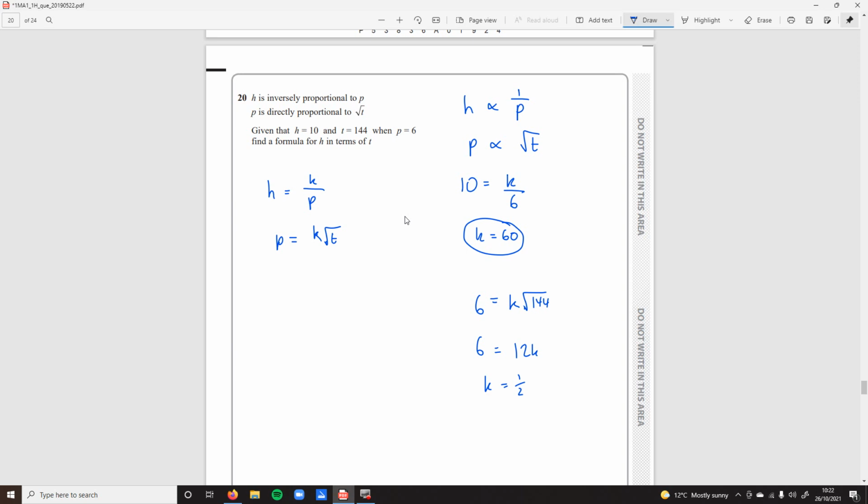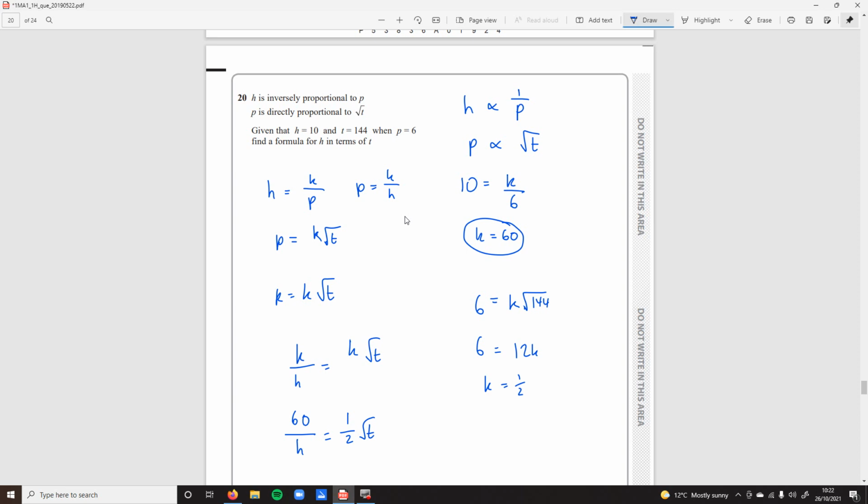I think what we're going to try and do, so P equals K over H, and P also equals K root T. So K over H equals K root T. I should probably give them two different letters, shouldn't I? Anyway, I've got the numbers for them, so it doesn't really matter. 60 over H equals half root T.